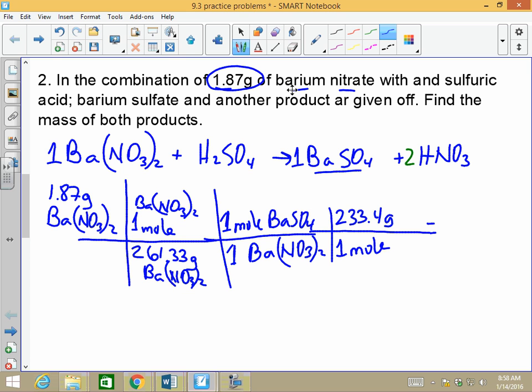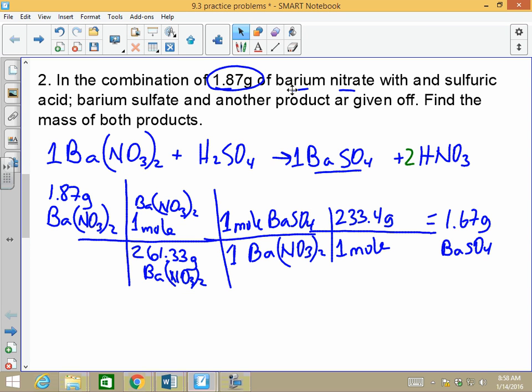Once you multiply 1.87 times 1 times 1 times 233.4, divided by 261.33, you should end up with 1.67 grams of BaSO4, and that is the first part of the question, because it says find the mass of both products. So I found this one.